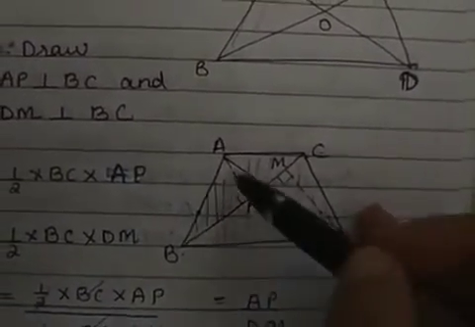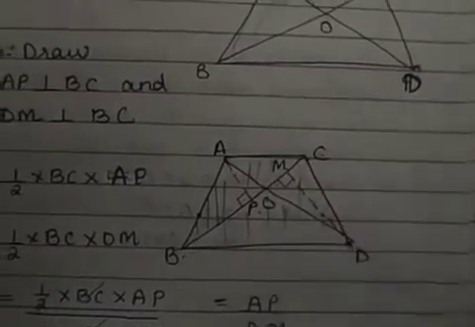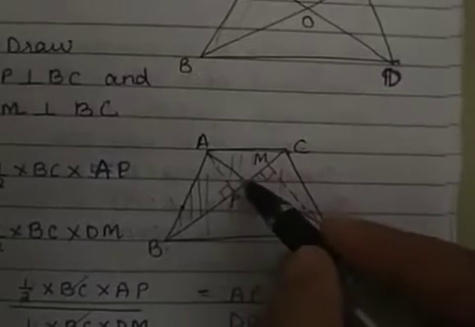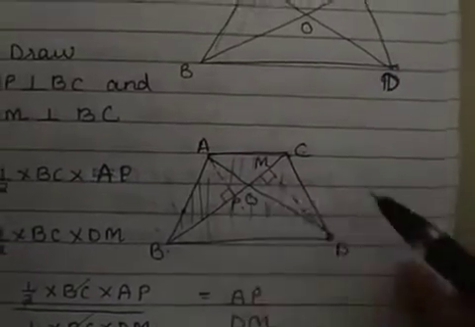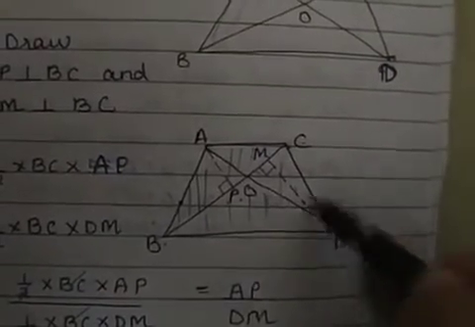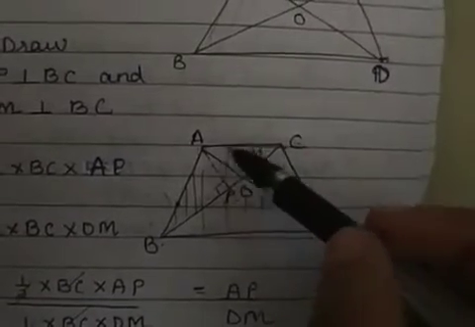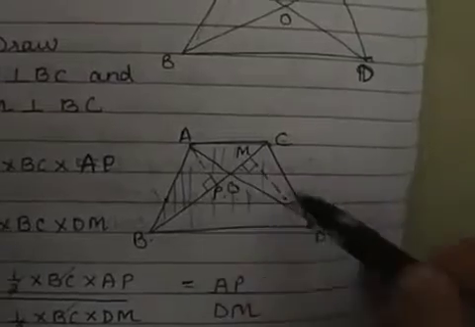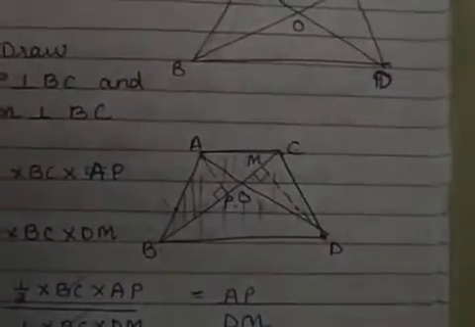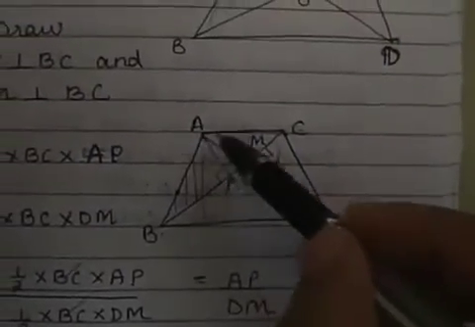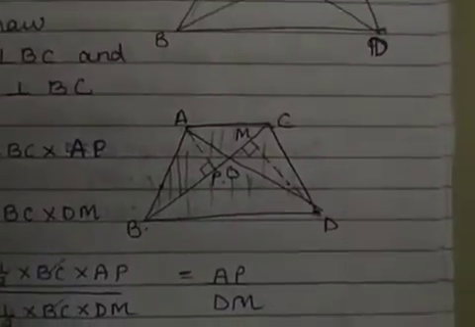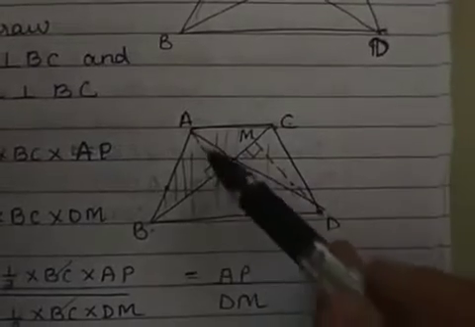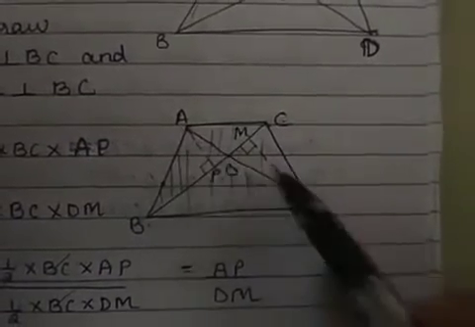If I show that the triangles are similar, then I'll get that the ratio of AP upon DM will be equal to AO upon DO. What is the reason? You know that if two triangles are similar, then their sides are in the same ratio. So in that case, I will get the sides AO and DO.